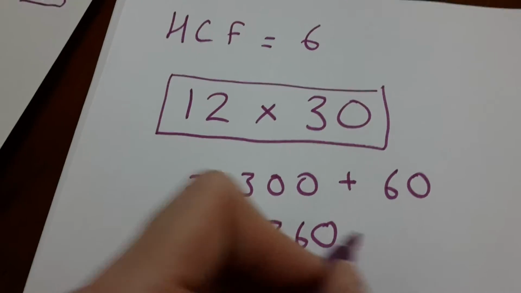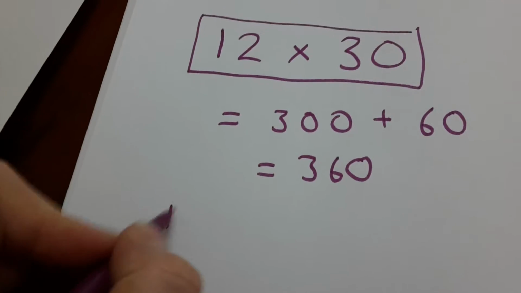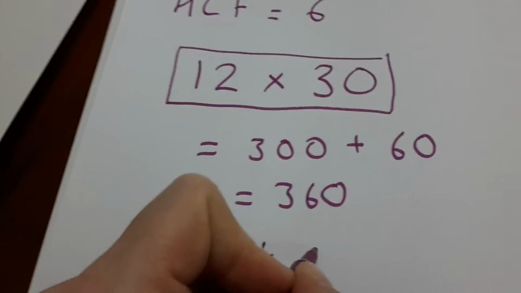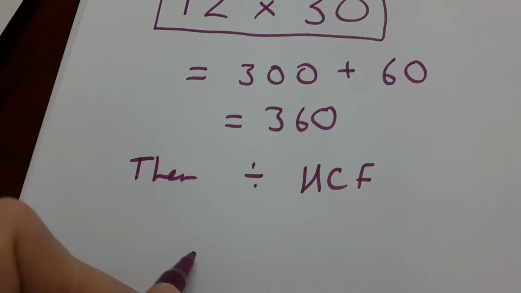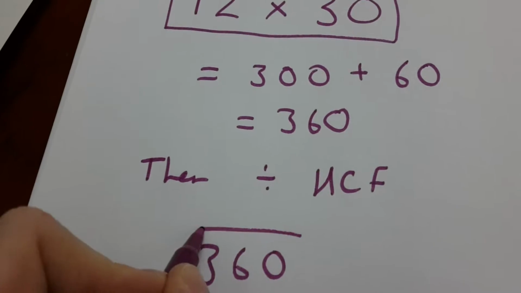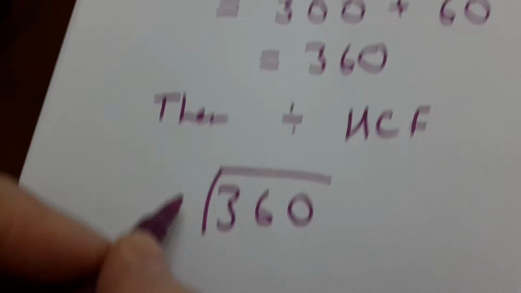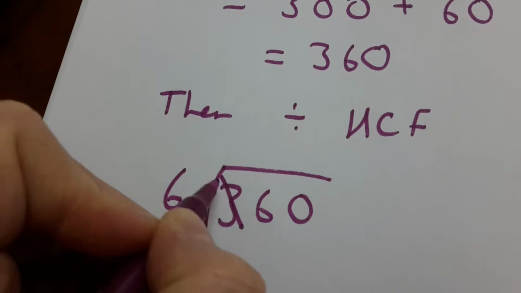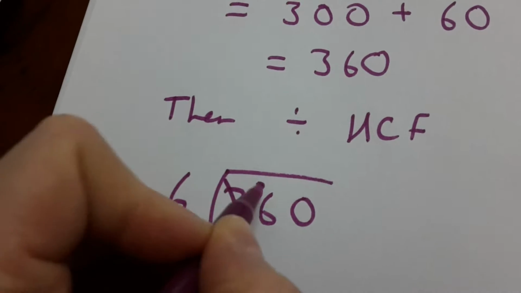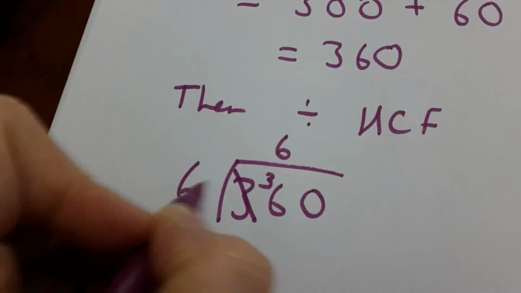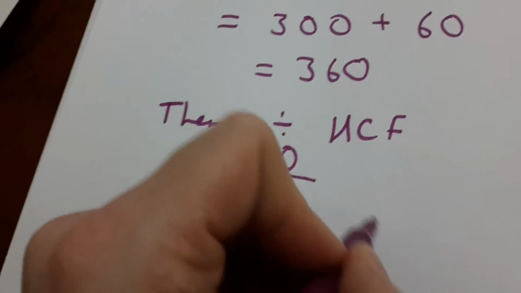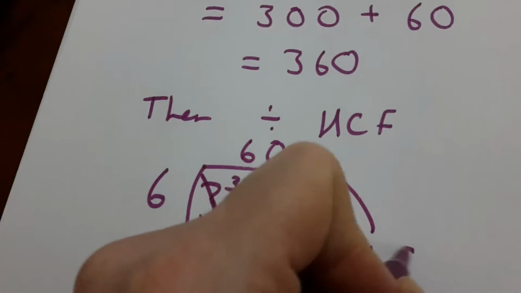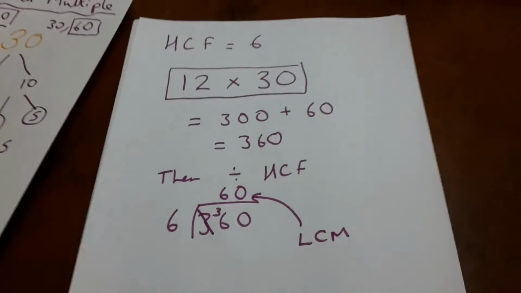Then, once you've multiplied them together, you divide by your highest common factor. So we're going to do 360 divided by 6. So 6 won't go into 3. How many 6s go into 36 is 6. How many 6s go into 0 is 0, so that's 60. And that will give you your lowest common multiple.